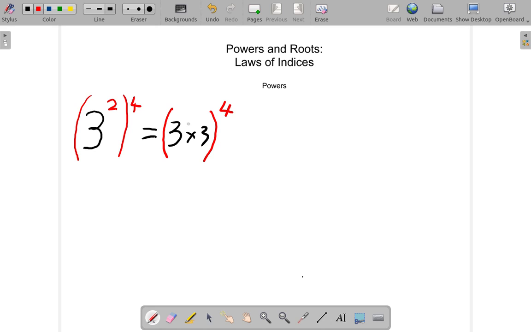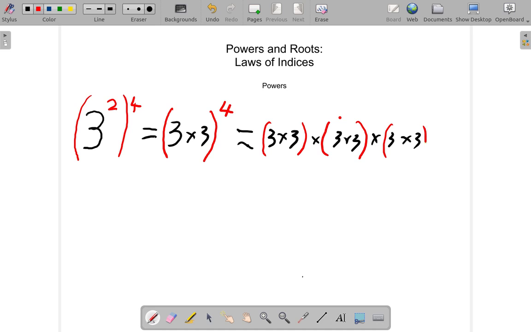Now a number raised to the power of 4, what does that mean? It means you have 4 of that number and they all multiply. So you have 3 by 3. So that is one of them. Then multiplied by 3 by 3. That's the second one. Then multiplied by 3 by 3.